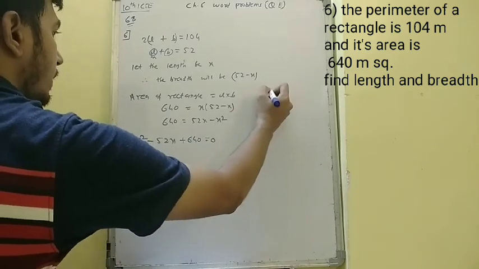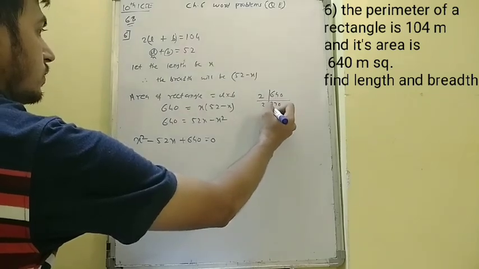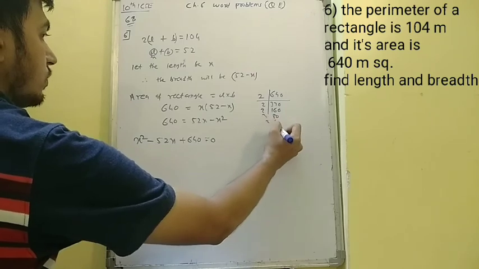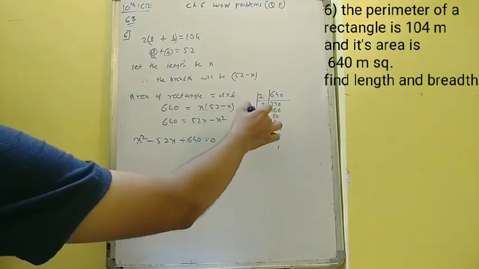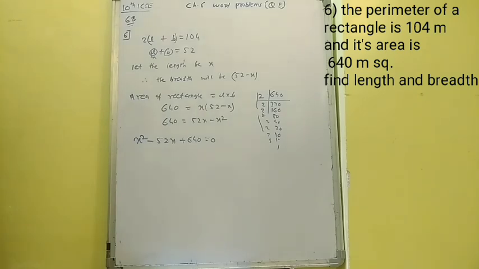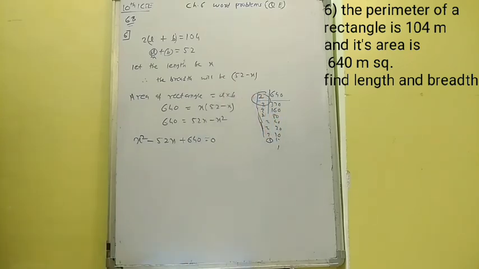So we need to split 640. In addition, we should get 52. Let me check the factor pairs: 2 320s, 4 160s, 5 128s, 8 80s, 10 64s, 16 40s, and 20 32s.